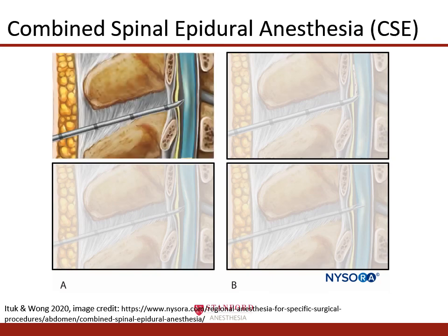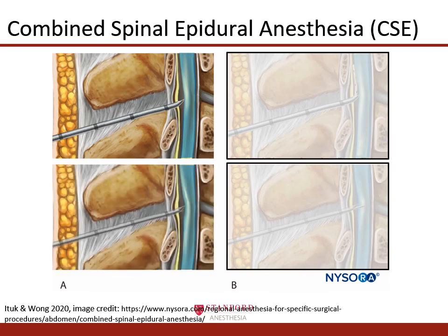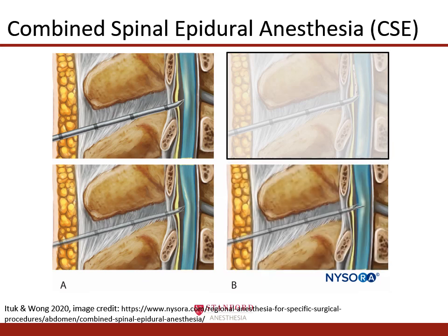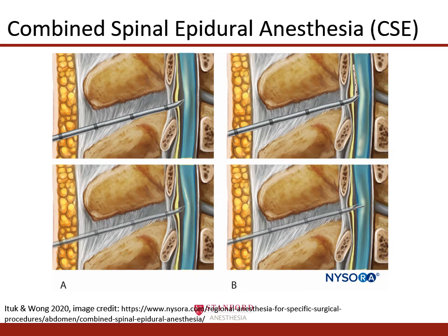As you can see here, you place a Tuohy through the ligaments into the epidural space. The spinal needle is threaded through the Tuohy needle and enters the intrathecal space where the dose of the spinal medicine is given. Subsequently, the spinal needle is removed and the epidural catheter is placed.